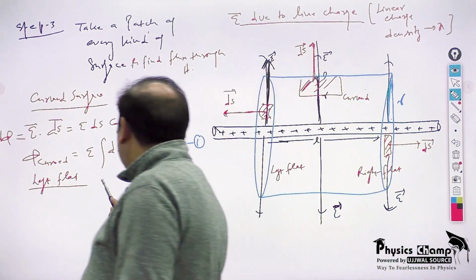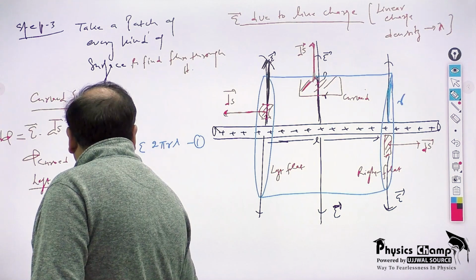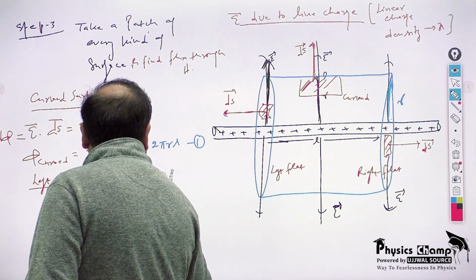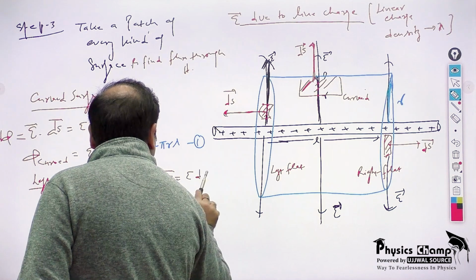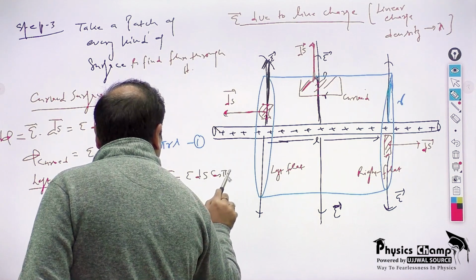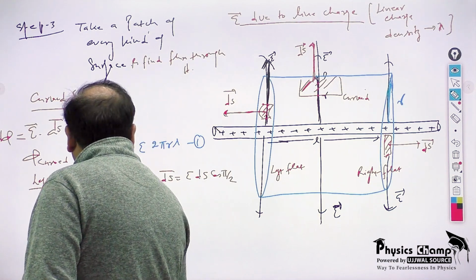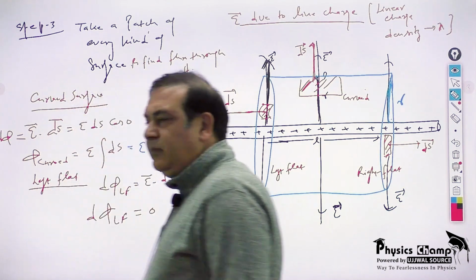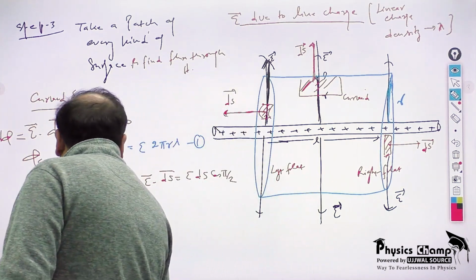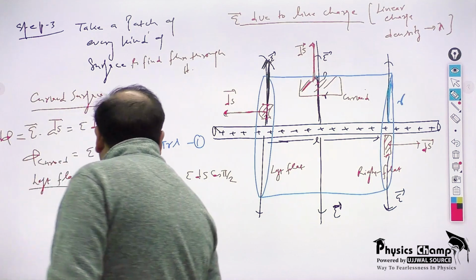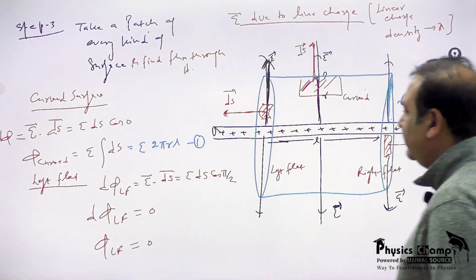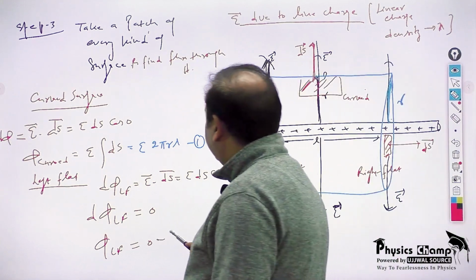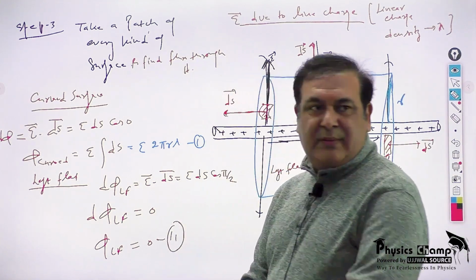So the flux through the left flat surface will be E dot dS, E dS cos 90. So the flux through the left flat surface will be 0, and the total flux through it will again be 0. This is our second result.